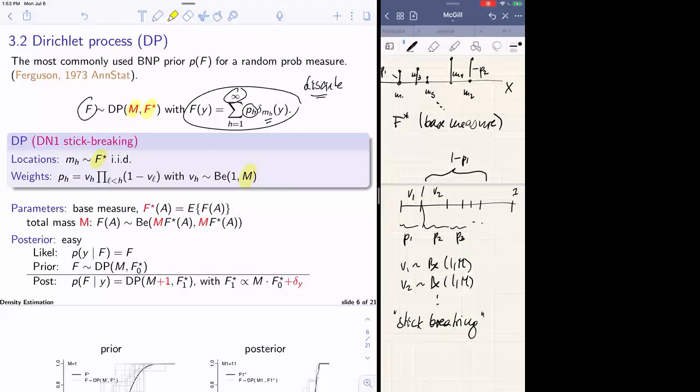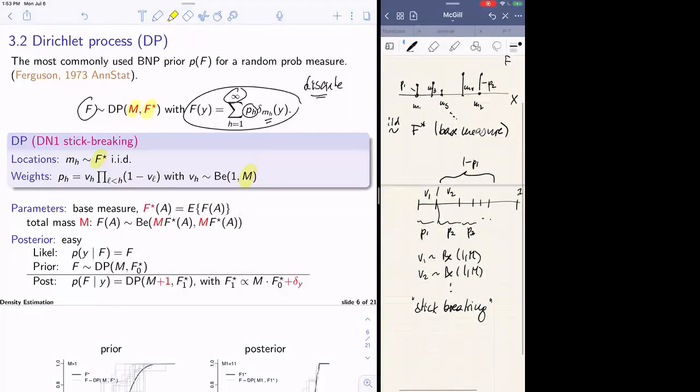You can think that with what I wrote on the right-hand side, or the 2 lines in the box, you can write a few lines of R code to generate random probability measures, just following these 2 lines. So for one, the representation is very easy and elegant.